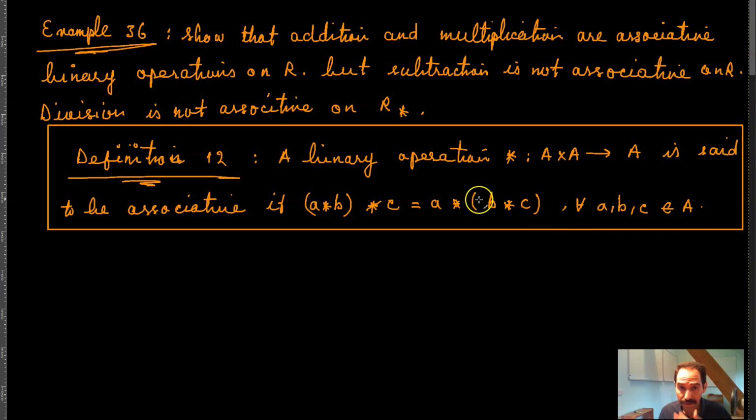And so using this definition, if you want to show that addition and multiplication are associative binary operations on the set R, note that when you say R, you are talking about the set of real numbers.